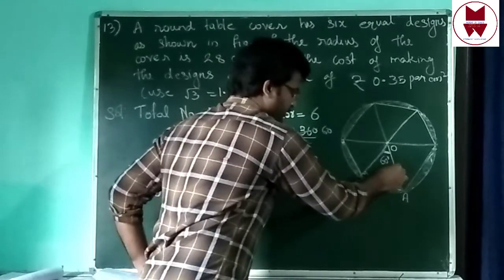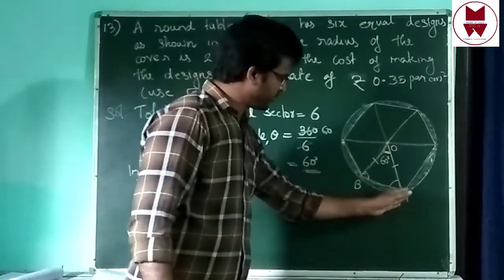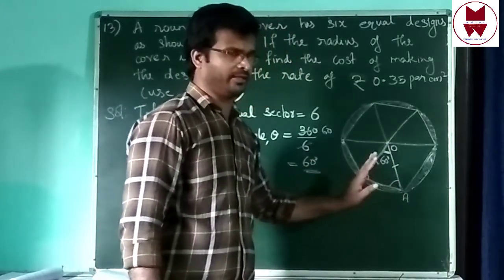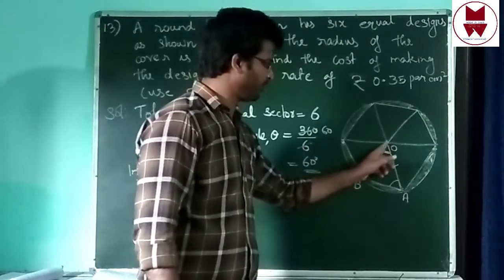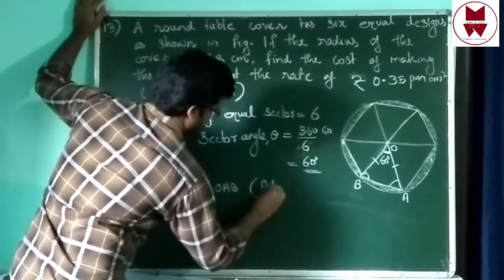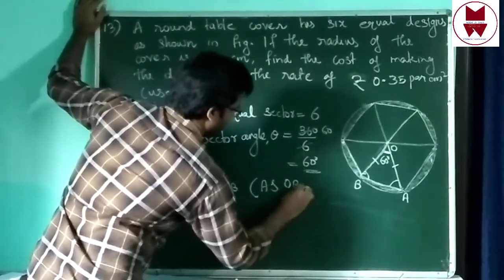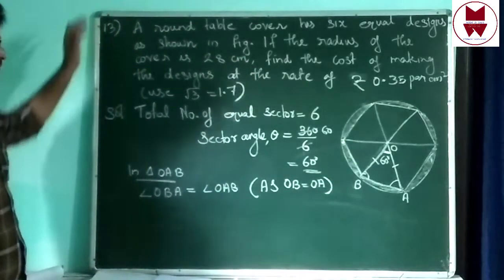What is this? This is radius. This one also radius. Then these sides are equal means opposite angles are also equal, isn't it? That's why we can write angle OBA and angle OAB are equal, as OB and OA are equal. That is the radius.